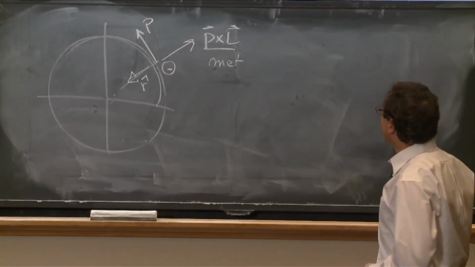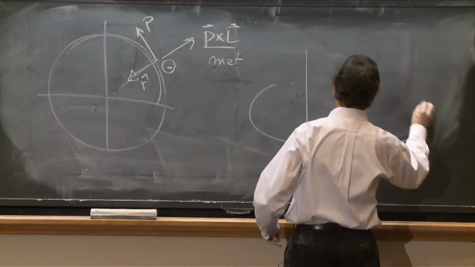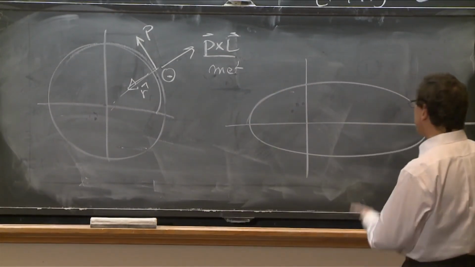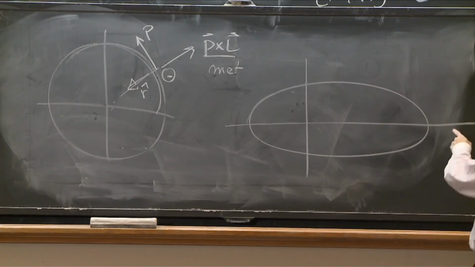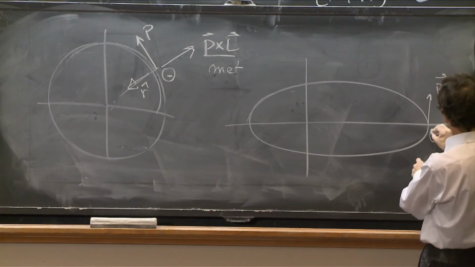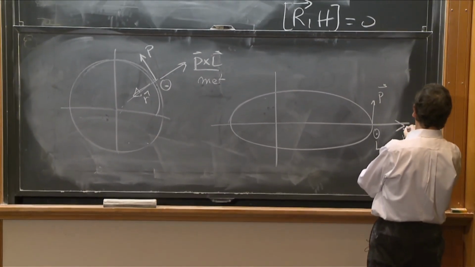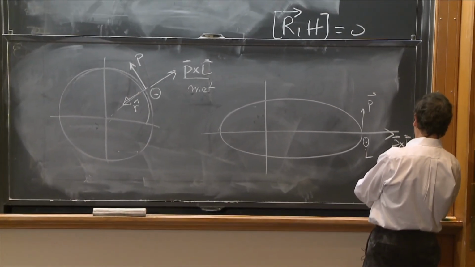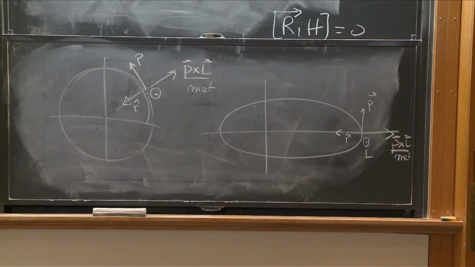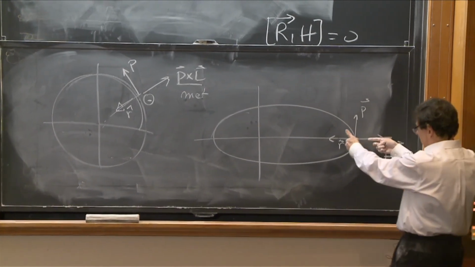No. The thing is that this is not 0 for an elliptical orbit. So how can you see that? Well, here, at this point, P is up here. L is out, and P cross L, just like before, is out. And r hat is in. And you say, well, OK, now the same problem.